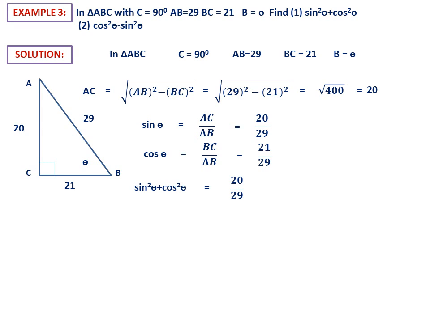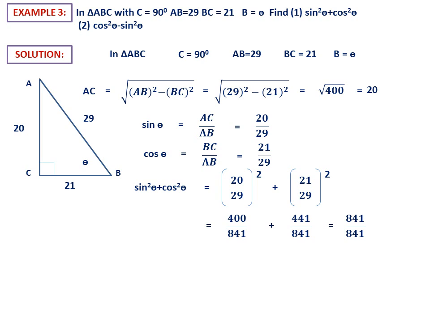Now sin square theta plus cos square theta equal to (20 by 29) square plus (21 by 29) square. This you have to simplify. 20 square is 400 divided by 841. 29 square is 841. Plus second one, 21 square is 441 divided by 841.